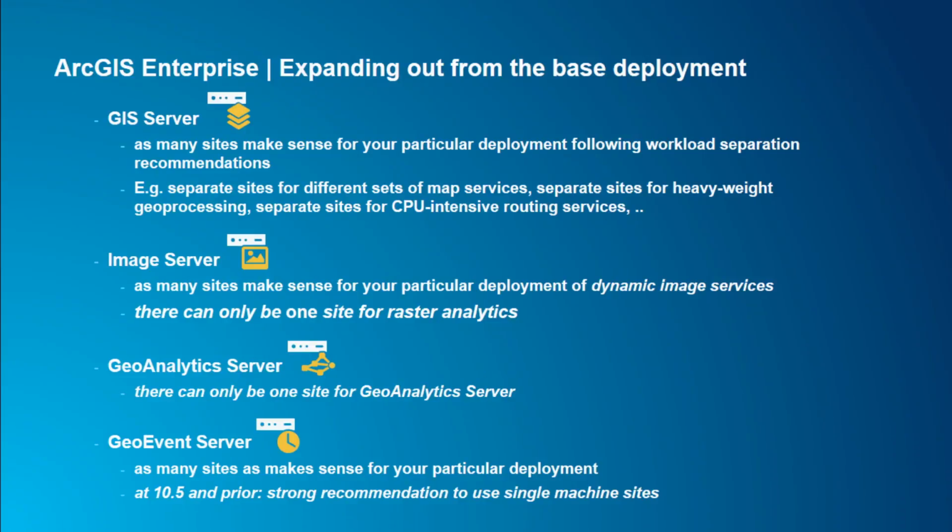Maybe there are certain sets of services that absolutely just have to be up and running 100% of the time. You want to dedicate some infrastructure and resources to those. Maybe some are slightly less important, so they only get a single isolated machine that can do whatever it needs to do. Isolating GP from routing, from map services, is completely up to you to understand your usage patterns.